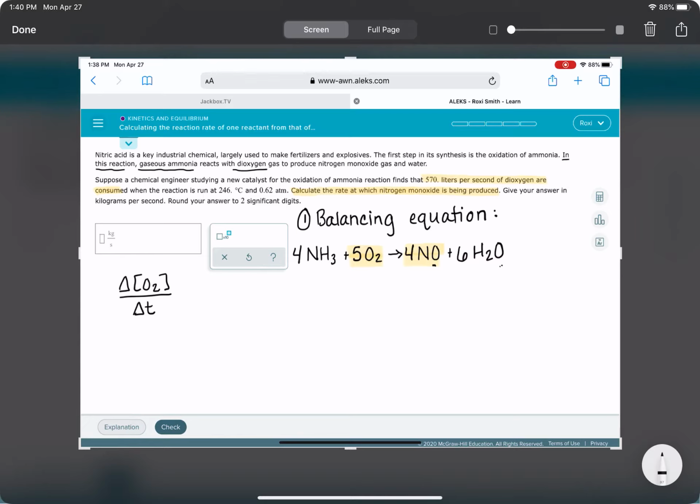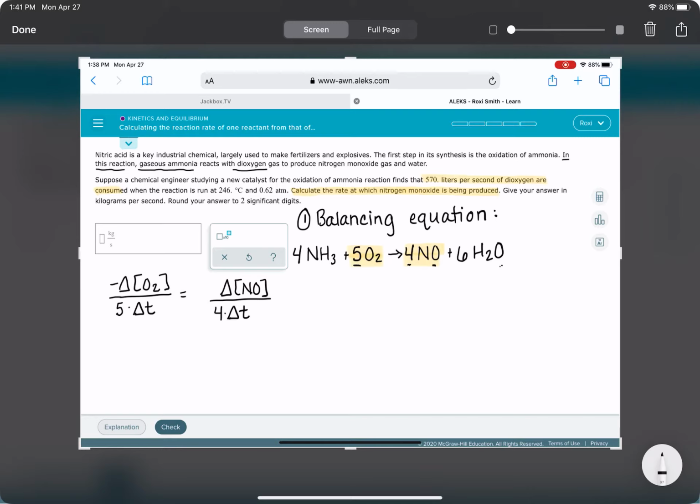O2 is a reactant, so it's a negative delta O2. And the stoichiometric coefficient on O2 is a 5, so we're going to put a 5 down here. And then our NO, it's a product, so that's a positive change in concentration over time. And the stoichiometric coefficient for that guy is a 4, so we got to put a 4 down here.